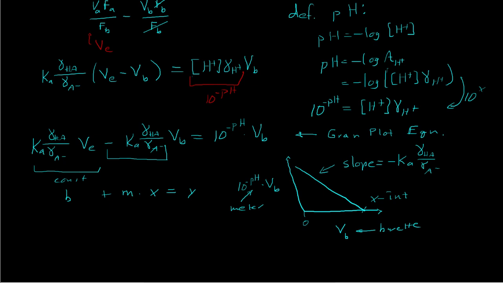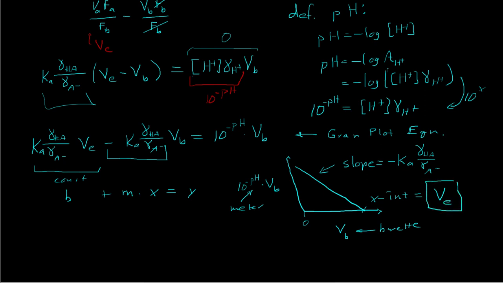You can see that up here: for the x-intercept, we want the y side to be equal to 0. So what would make this equal to 0? Well, this is a constant, so it can't be equal to 0. So what has to happen? VB has to equal VE. Aha! So our x-intercept is our equivalence point.